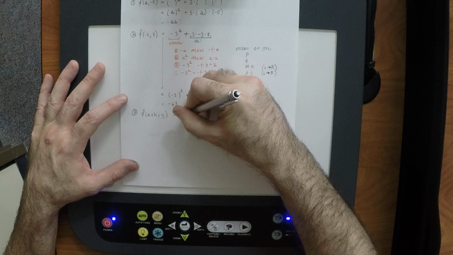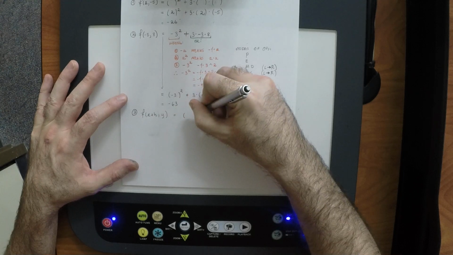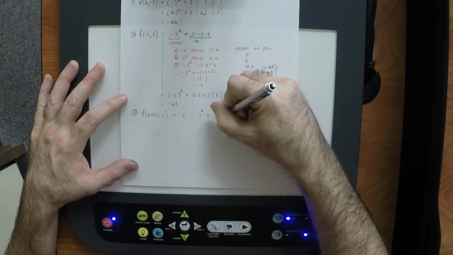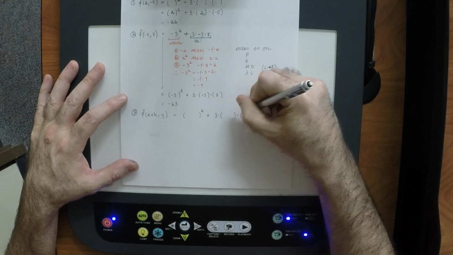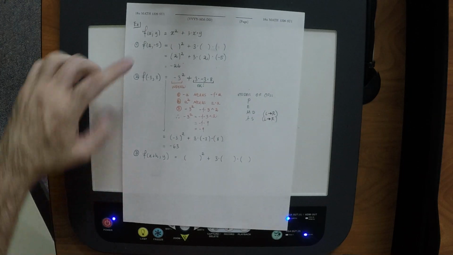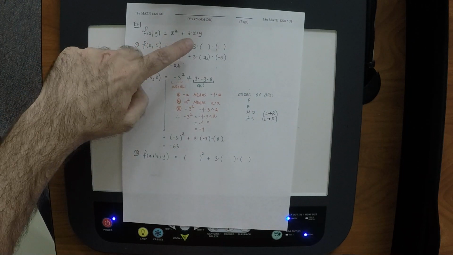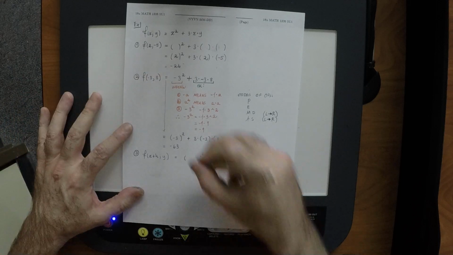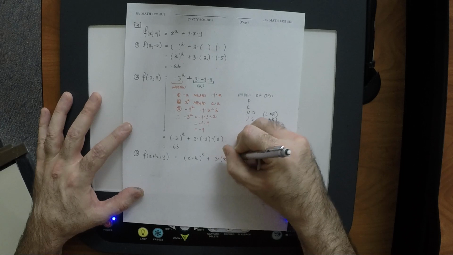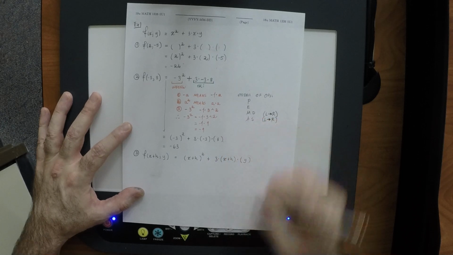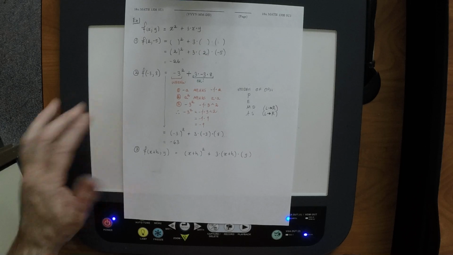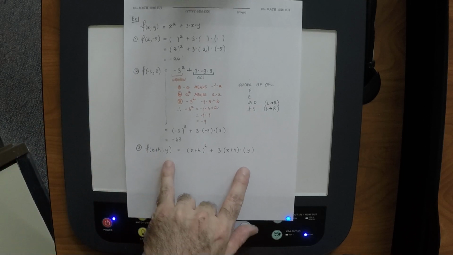Okay, in the interest of time, here's my parentheses structure. Everywhere I see x, I'm going to write x plus h, and everywhere I see y, I'll write y. Then I want you to multiply this out and collect like terms.